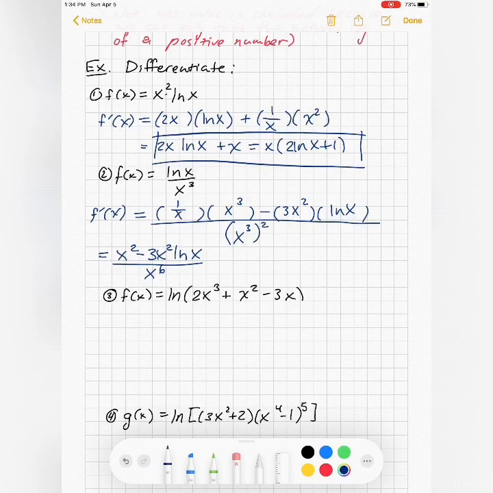Anything else? I can factor the x squared out of the numerator because that way I can cancel with the denominator. So 1 minus 3 ln of x over x to the 4th. Not too bad.